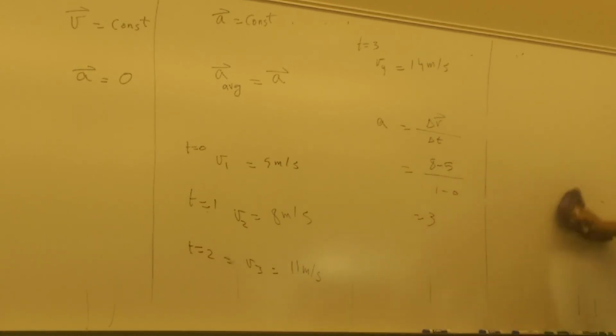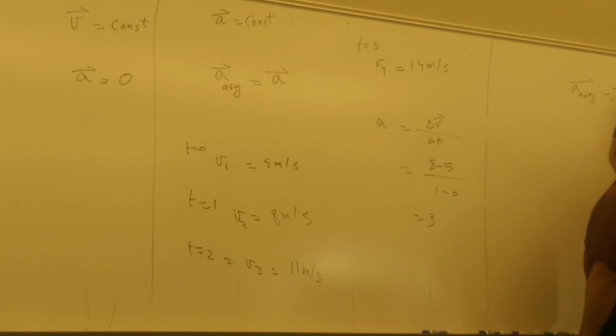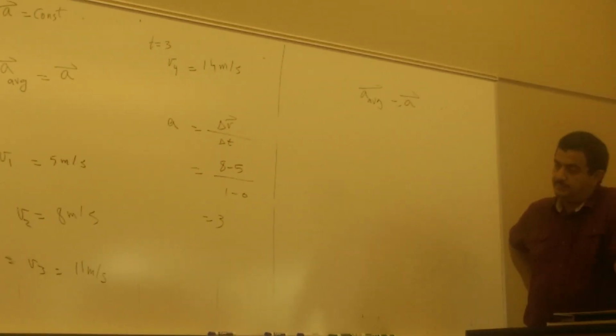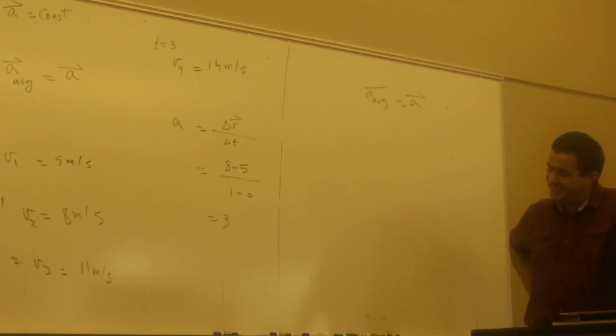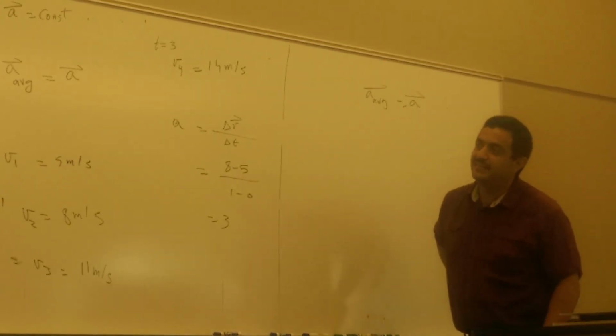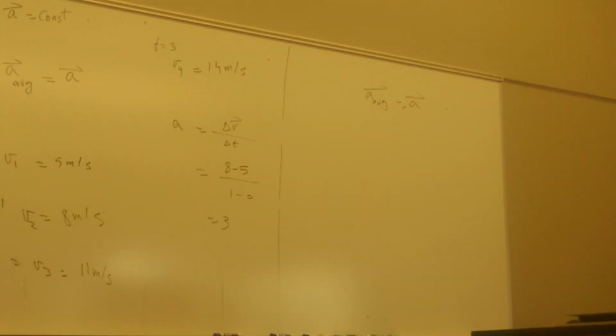So based on that, you could see that my instantaneous acceleration should equal the average acceleration. Is that good? Yes. Well, good. So based on that, I want you to put a note in your notebook.